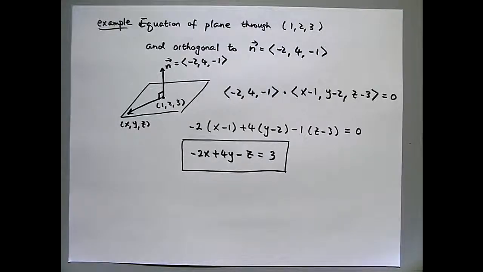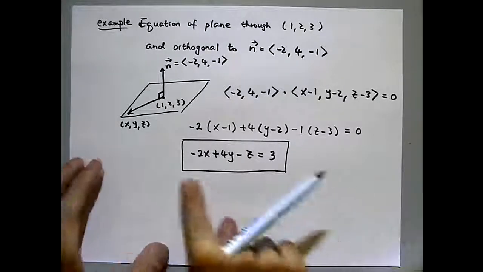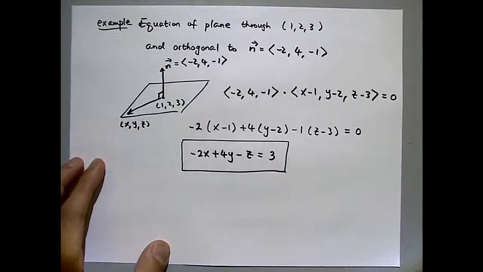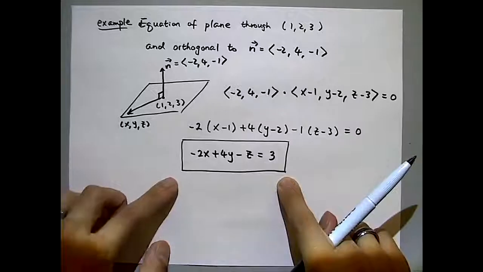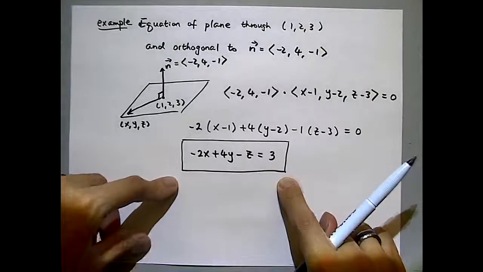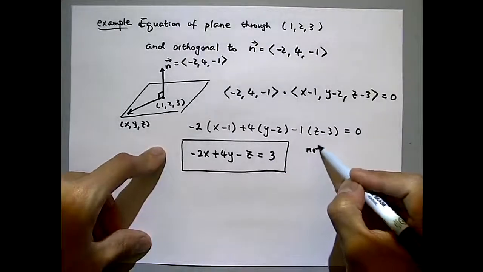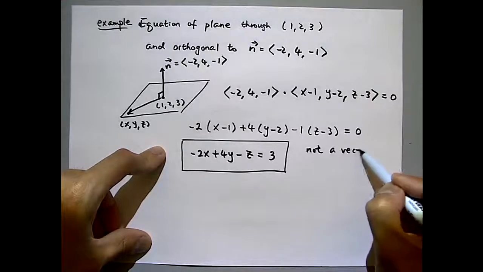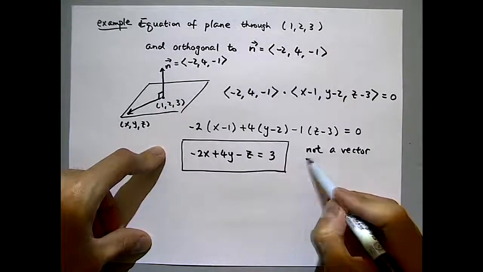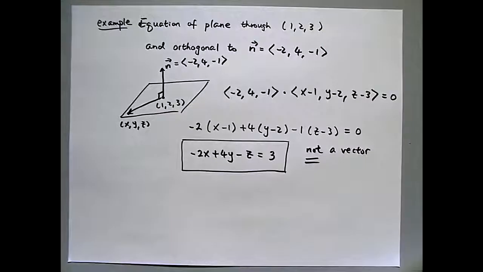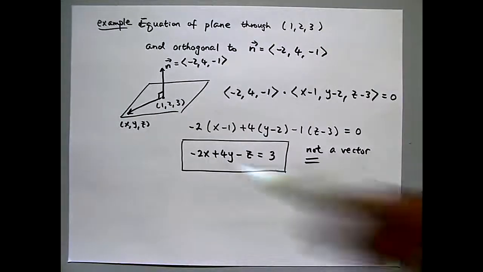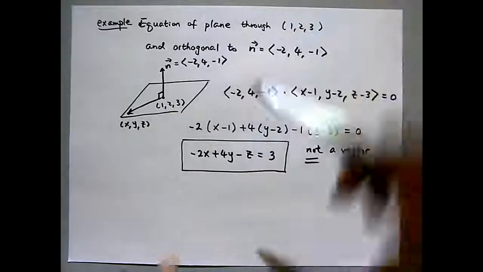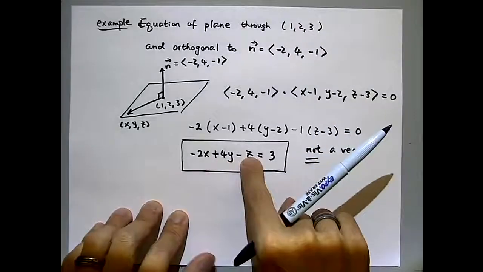Notice this is not a vector. A line starts with a vector form of the equation. The equation of a plane is never a vector, because a plane really doesn't have any kind of direction except this normal vector, which you can see is the coefficients of x, y, and z.